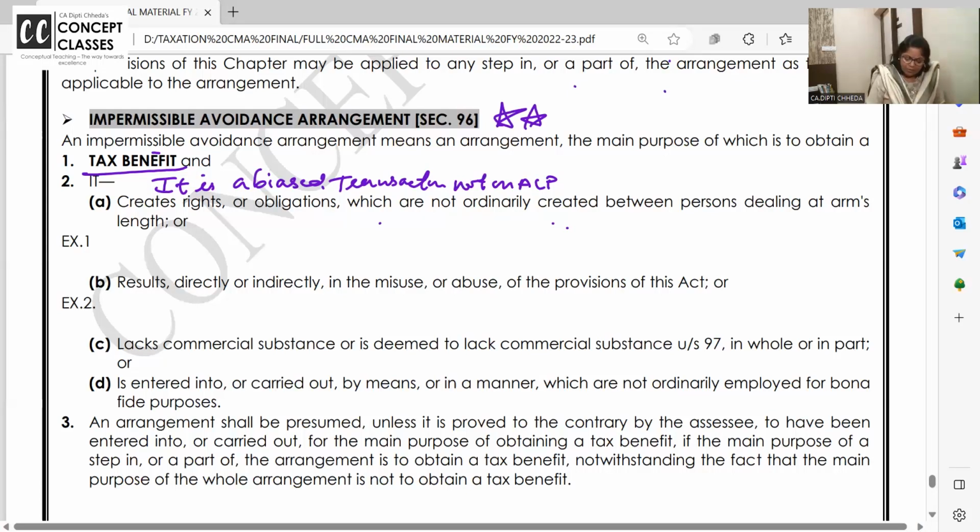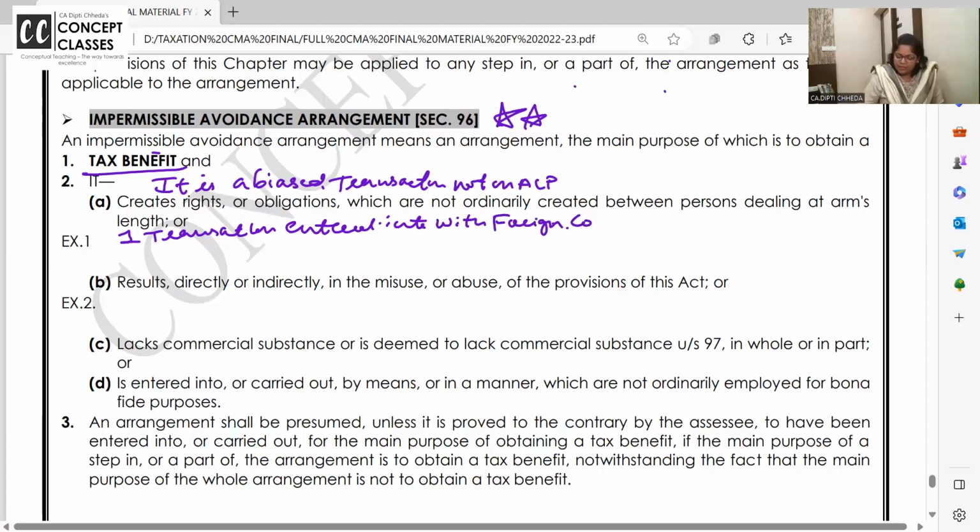इसमें एग्जाम्पल लिखो. Example: one transaction entered into with a foreign company. Write down in this gap.